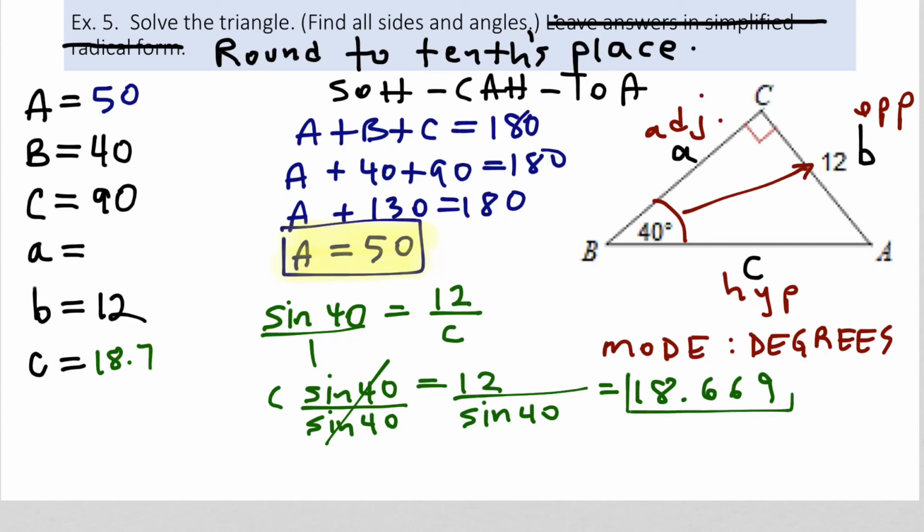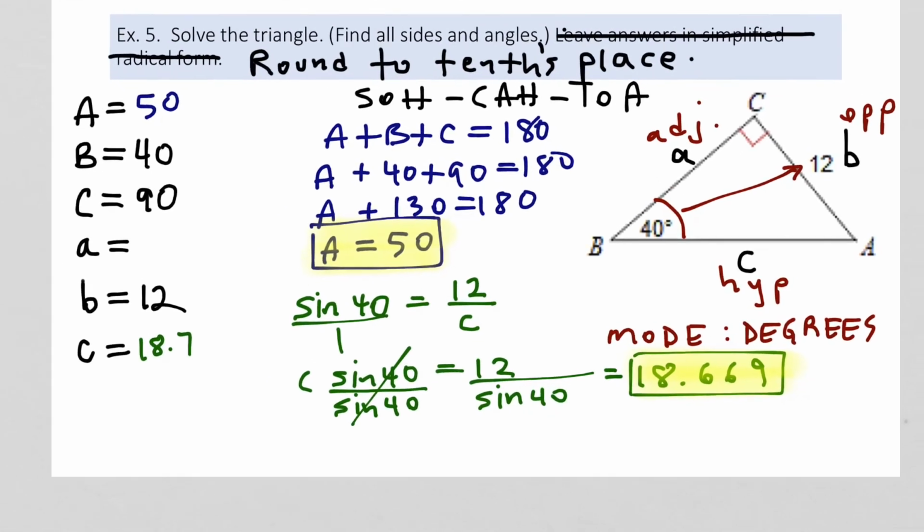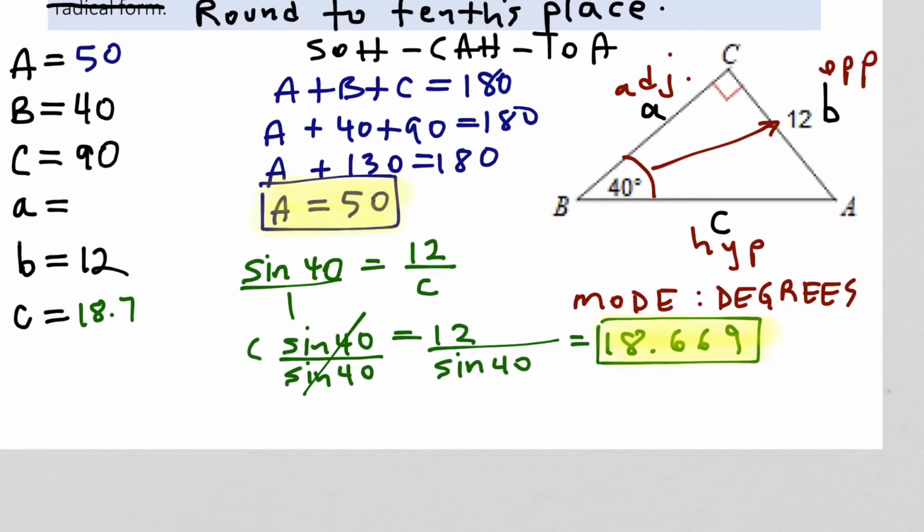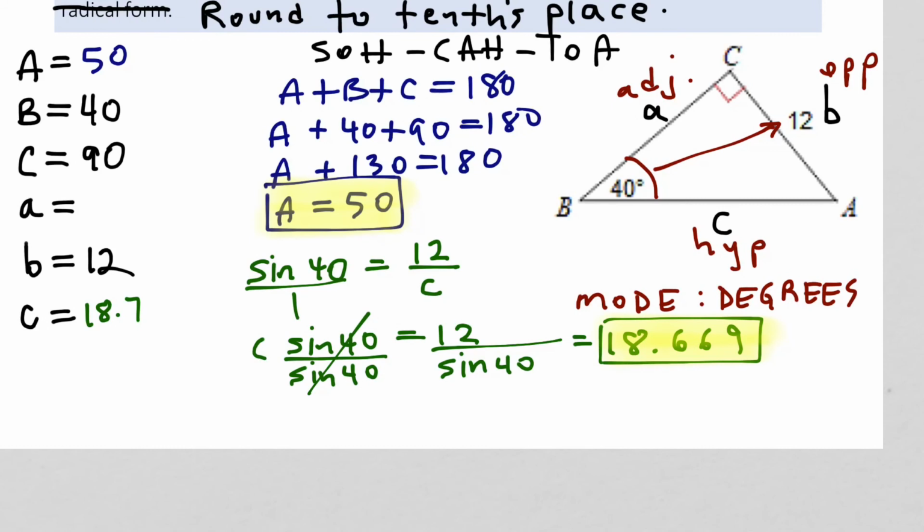So I've only got one more side to find. My last side that I need to find is A. Well, since I know two sides, I could use Pythagorean theorem if I wanted to, but I'm going to go ahead and set up another trig function just to give you some practice. As soon as you get to the point where you know two sides, you can always use Pythagorean theorem.